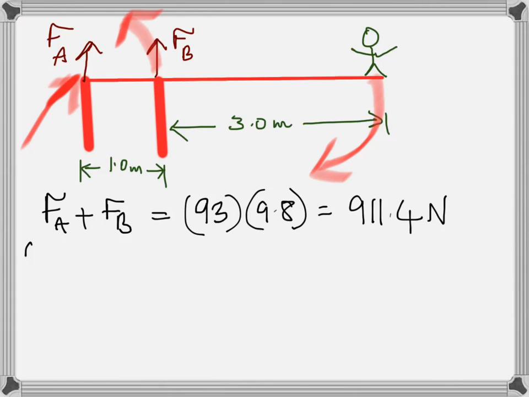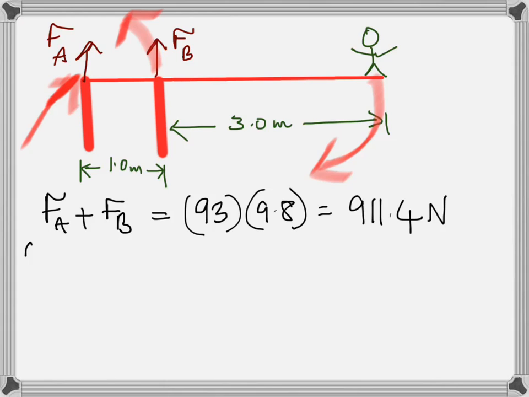But what's on the other side? FB times what? How far is FB from that point? 1. So, is it FB times 1? 568.4 multiplied by 4 is equal to FB times 1.